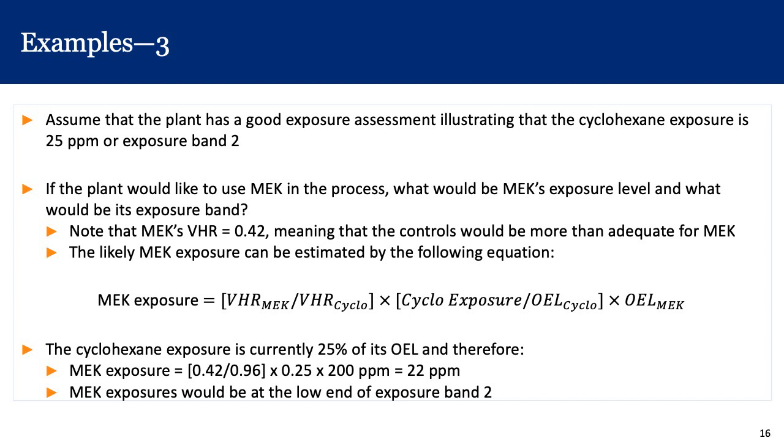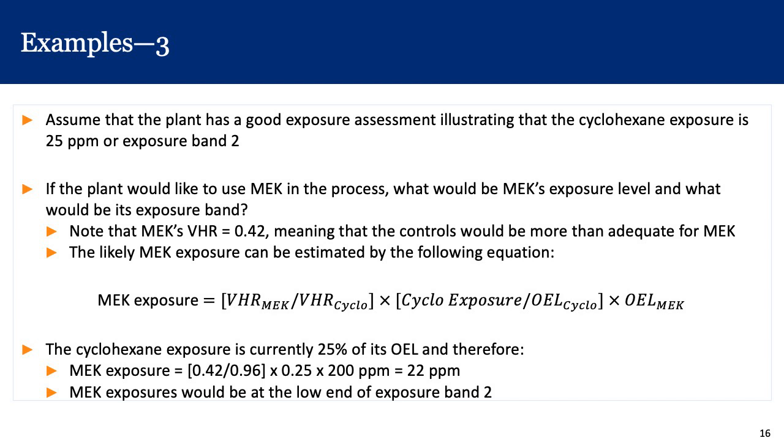And the likely methyl ethyl ketone exposure can be estimated using the ratios of the vapor hazard ratios. And so we know the vapor hazard ratio for MEK and the vapor hazard ratio for cyclohexane. We find its ratio, and we then multiply it by the ratio of the cyclohexane exposure to the OEL of cyclohexane, and then we multiply it by the OEL of methyl ethyl ketone.